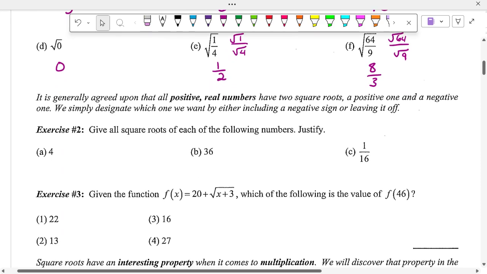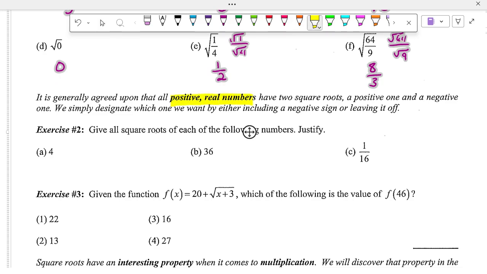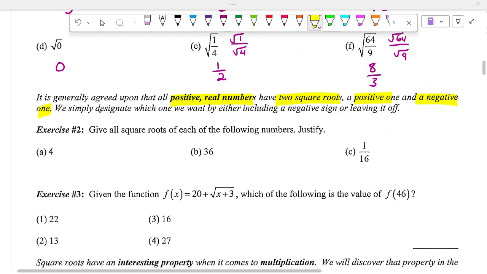Now, remember, it's generally agreed upon that positive real numbers have two square roots, a positive one and a negative one. Because remember, if you square a negative, it becomes positive. So we designate which one we want either by including a negative sign or leaving it off.